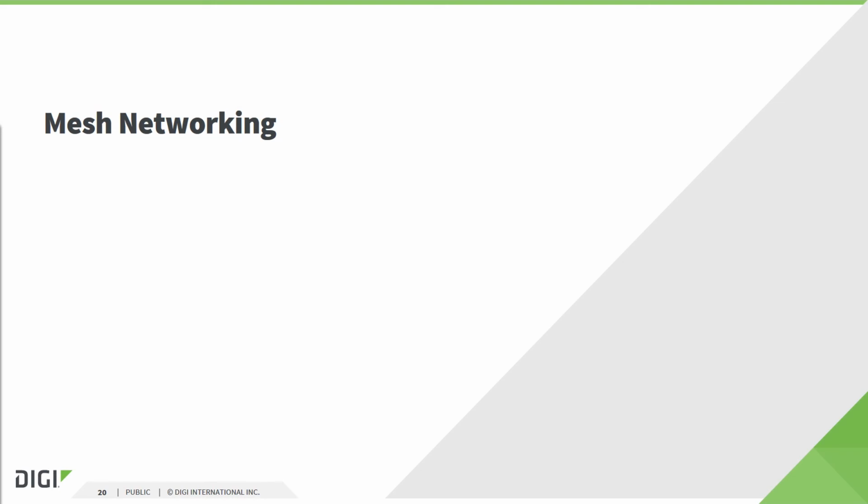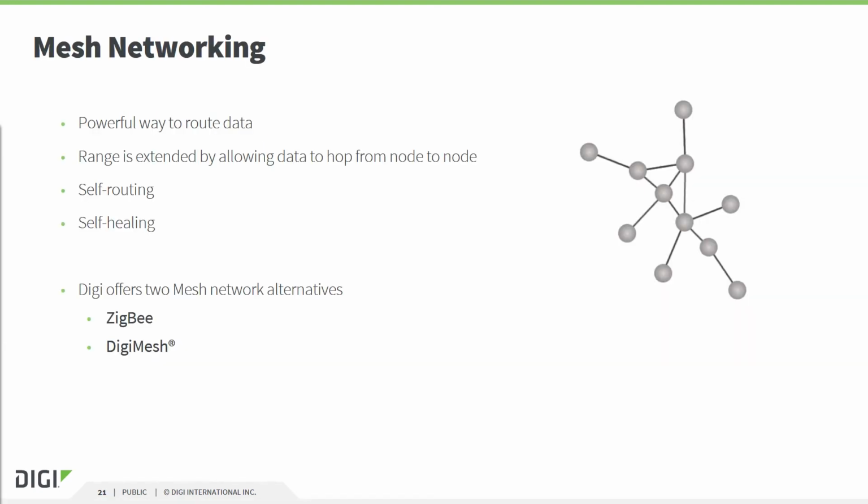Let's talk about mesh networking, and we will show you the difference compared with 802.15.4. Mesh networking adds more layers into the stack, and the idea is that the network can route the data by itself.